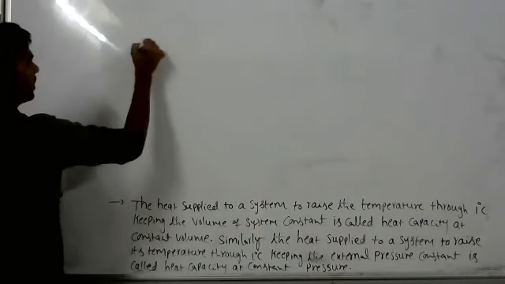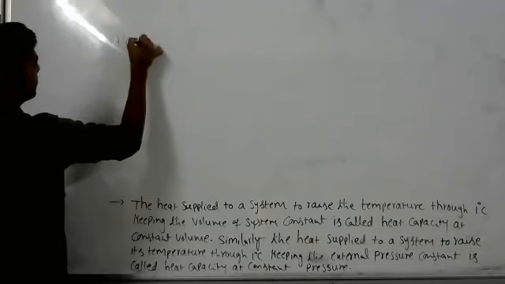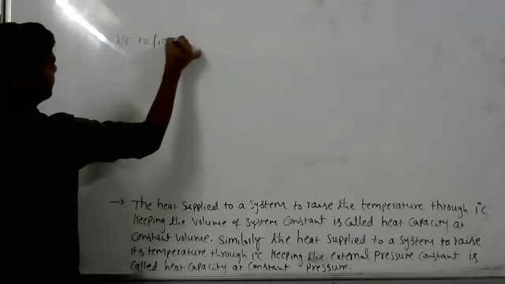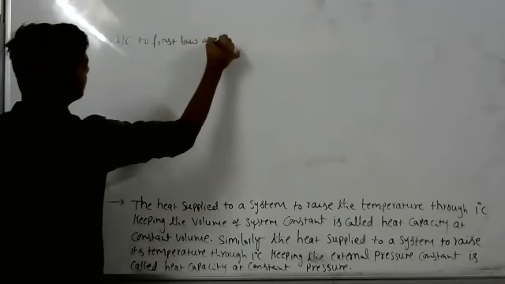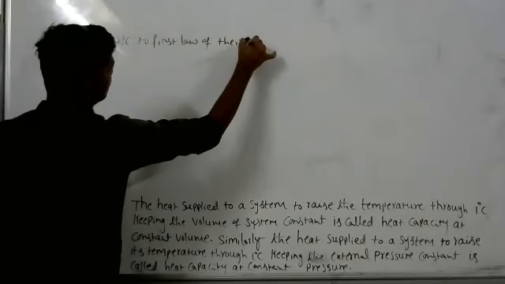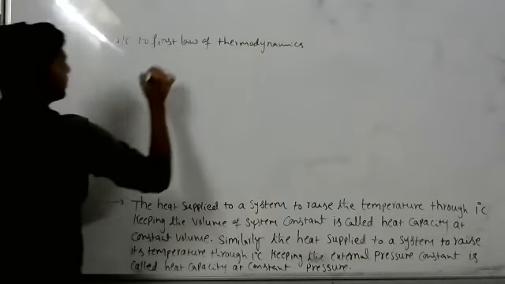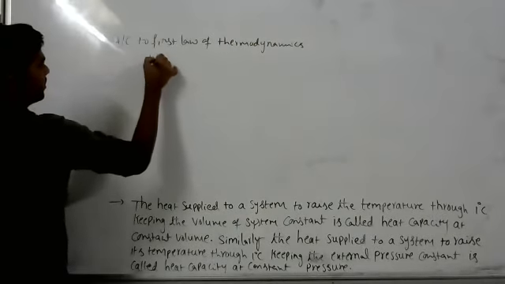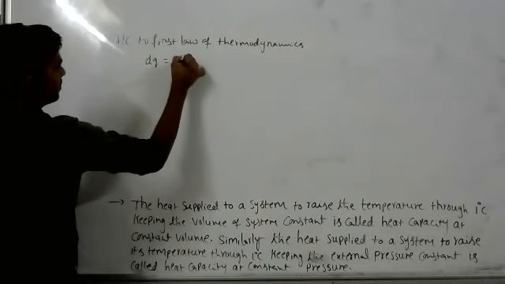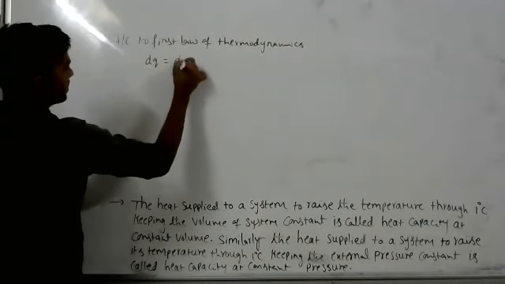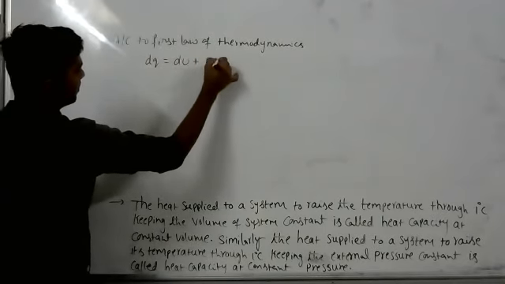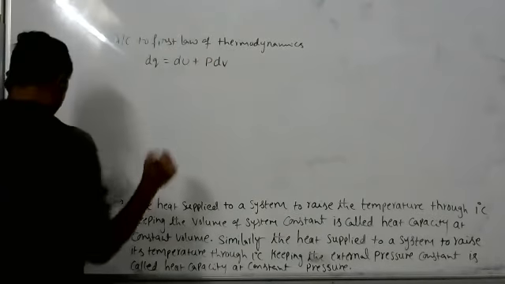According to the first law of thermodynamics, dq is equal to du plus p into dv.